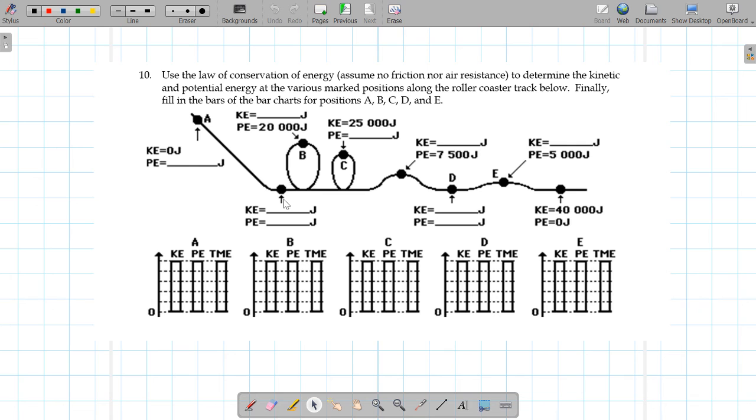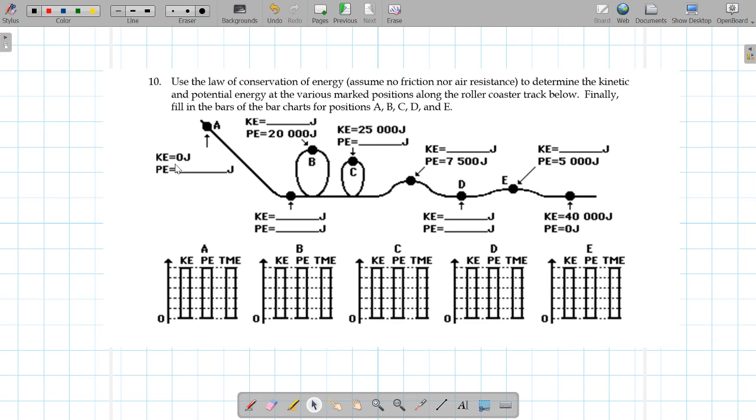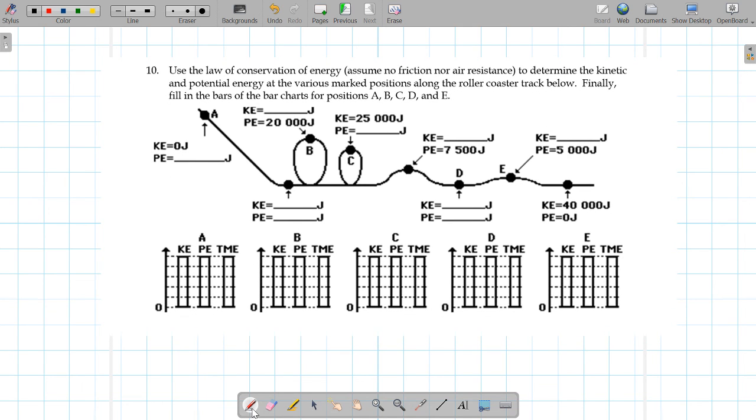But I want you guys to notice something here. This height is the same thing as this height, which is the same thing as this height. So notice at the very bottom here, our roller coaster has all kinetic energy, meaning at the very top we have to have all potential energy. So the total potential energy here has to be 40,000 joules, right? Because we started out with all potential energy here.